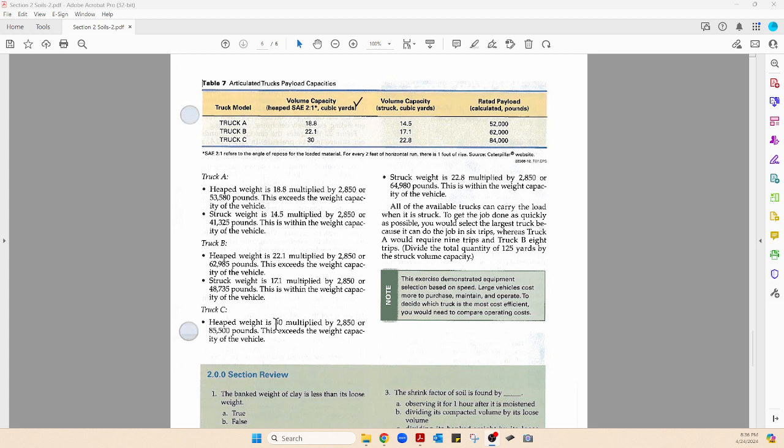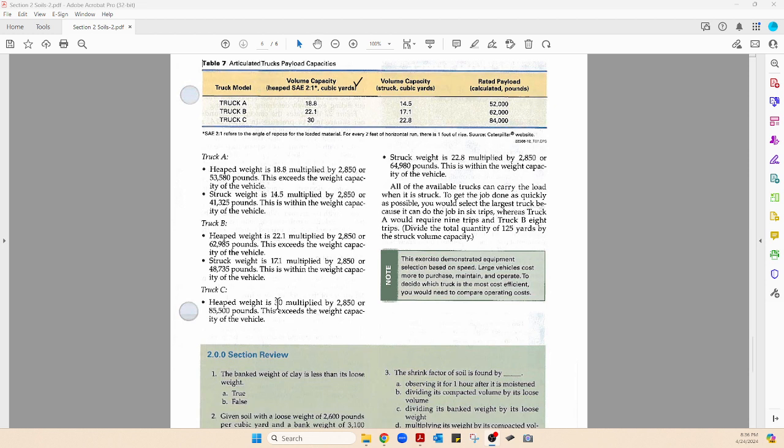Look at the heap weight in truck C. It's 30. Multiplied that, 85,500. Now, I guess you might say this truck is going to work, but is it really? The reason I say that, go back to what I first said.